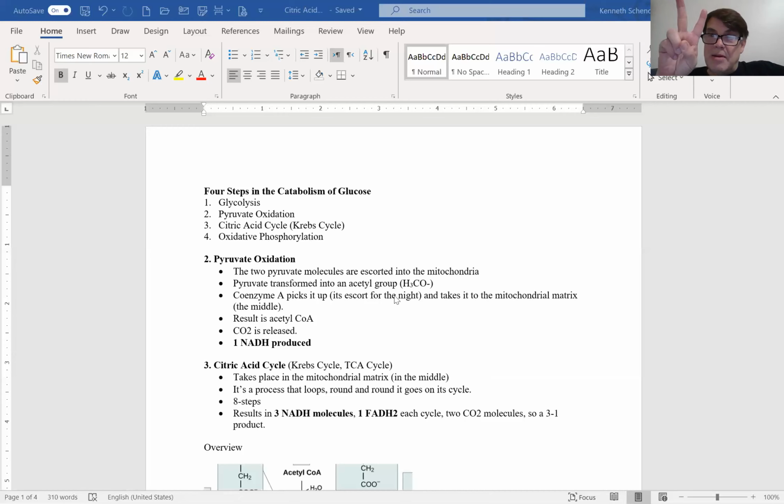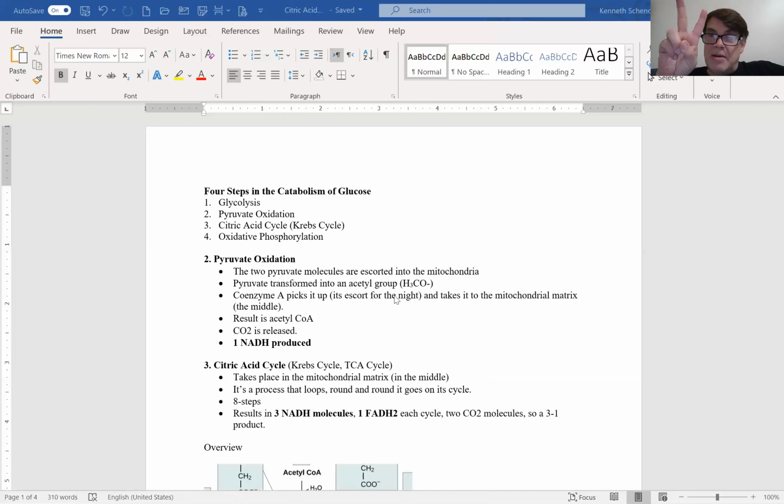We have two pyruvate molecules as a result of glycolysis, which takes place in the cytoplasm of the cell. But the oxidation of the pyruvate takes place within the mitochondrion, in the mitochondrial matrix, which is in the middle of the mitochondrion.